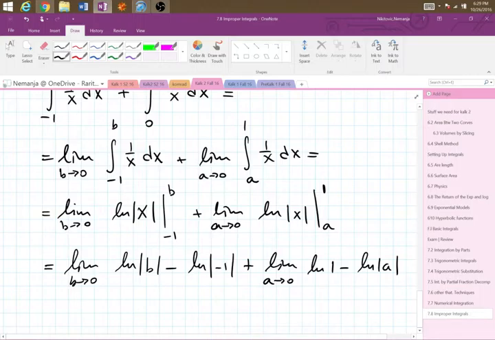So all I did is I plugged in the upper and the lower limits to compute each one of the two integrals.